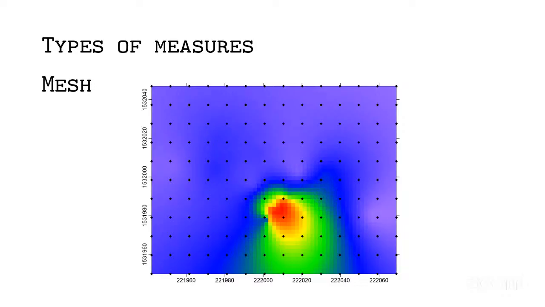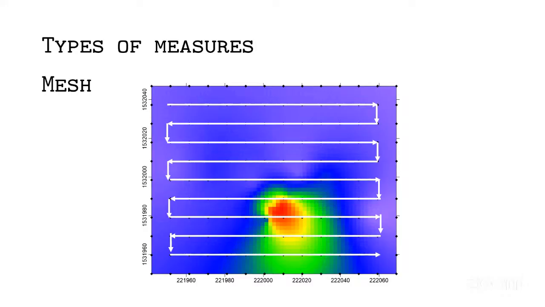Meshing consists of having equidistant measurements in the form of a grid. The data acquisition direction can take several forms, including a zigzag direction, which for practical purposes is similar to an open profile.